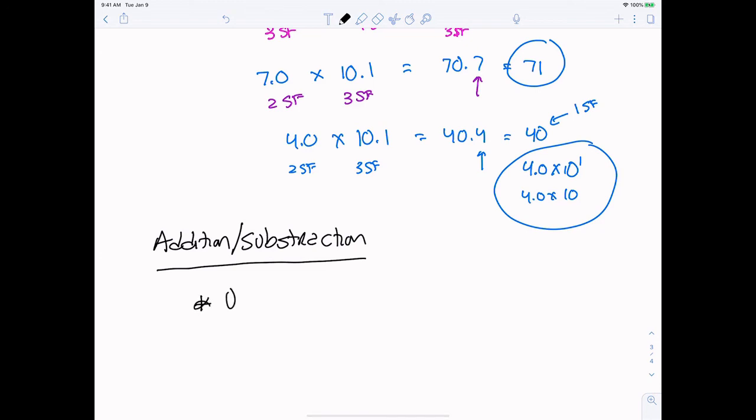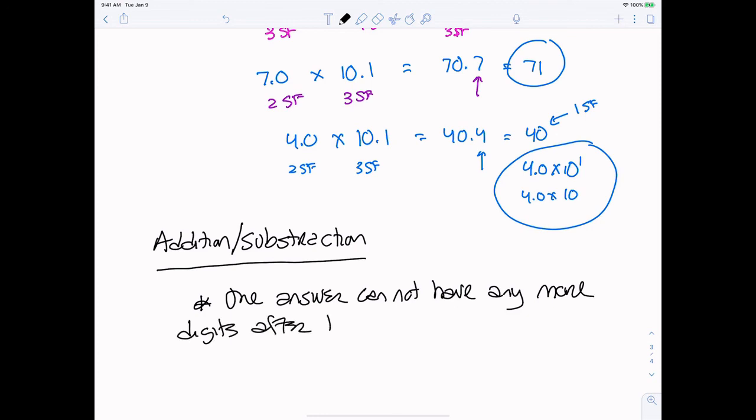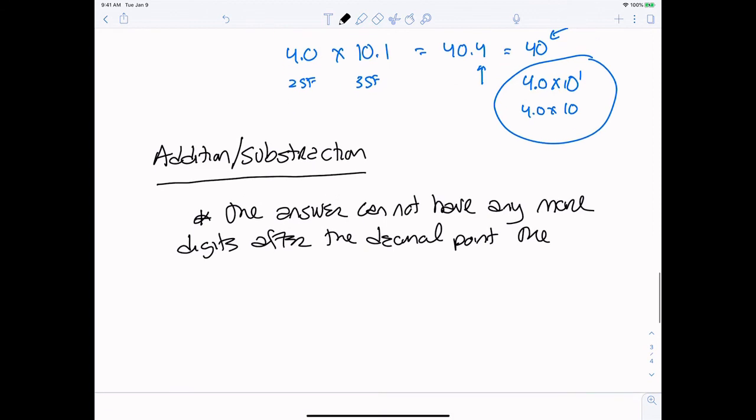So the answer cannot have any more digits after the decimal point than the original number with the fewest digits after the decimal point.